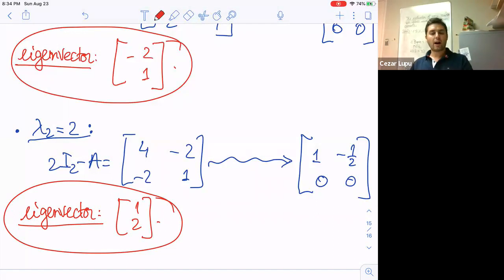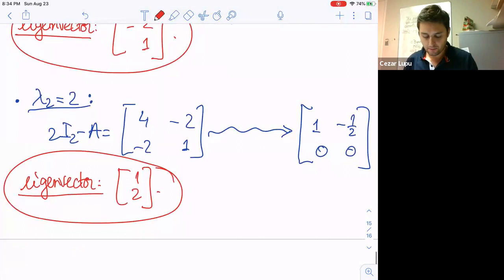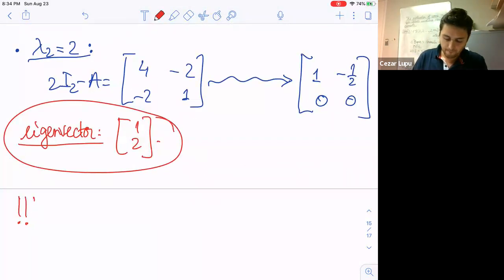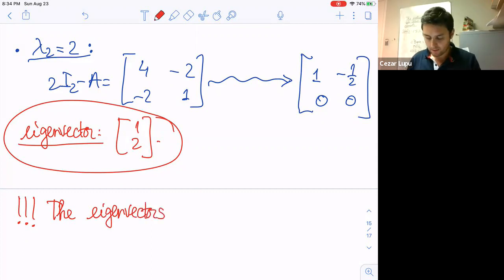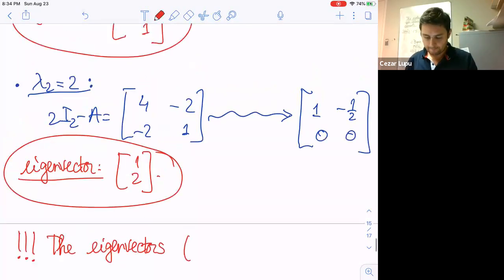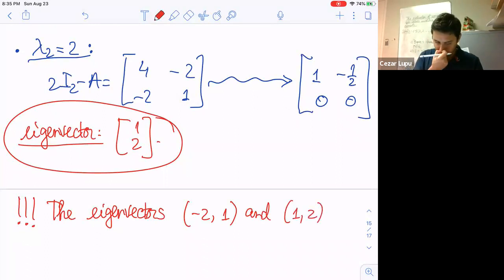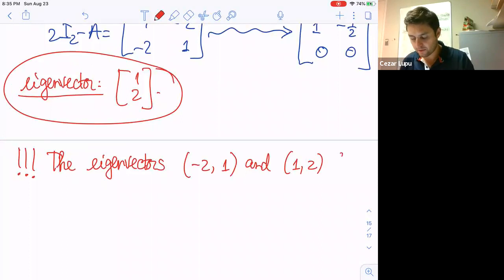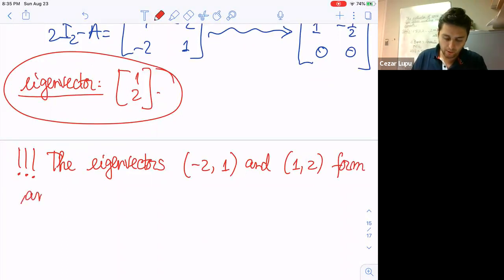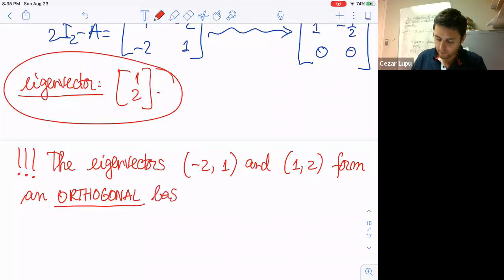And if we look at these two eigenvectors, let's point out something here. The eigenvectors, let me write them in this way: negative 2, 1, and 1, 2, form, it's quite clear, an orthogonal basis for R2.